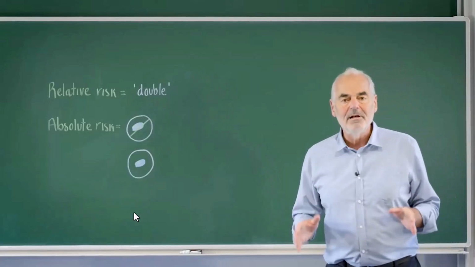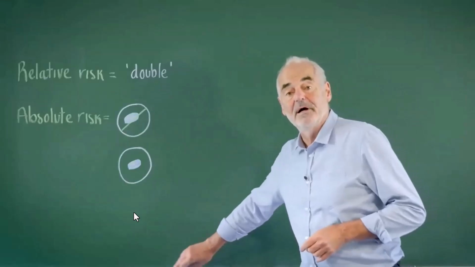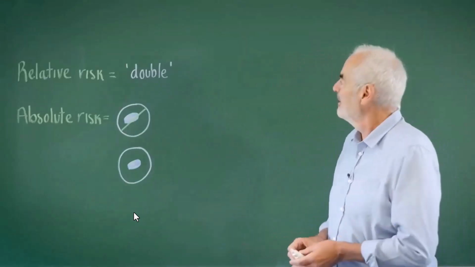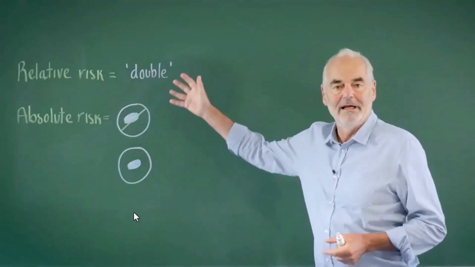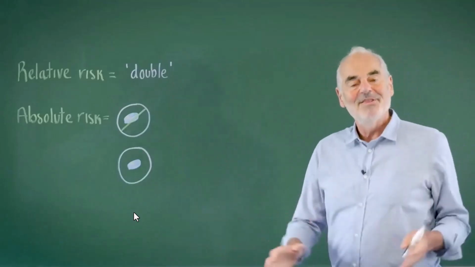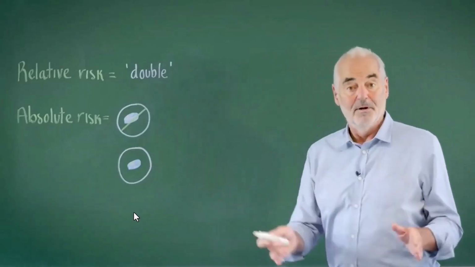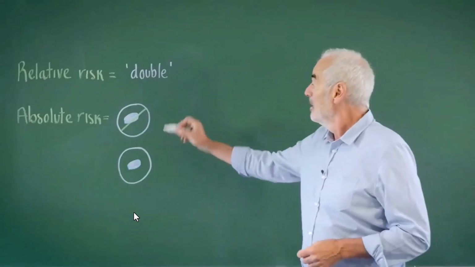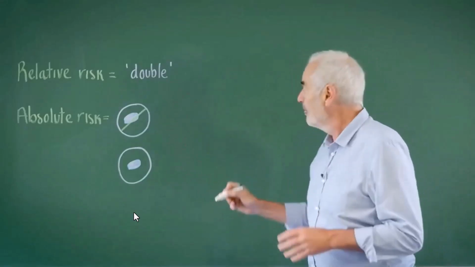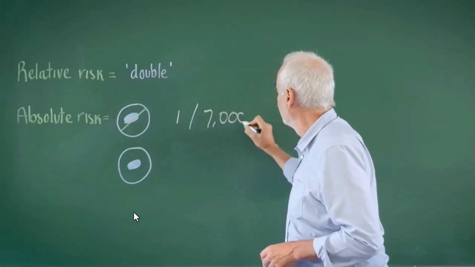The claim of a doubling of risk is known as a relative risk, and these are very often used by the media. But the problem is that it's impossible to interpret this doubling and know its importance without knowing what doubled what. And for that, we need to know the absolute risk of a venous thromboembolism in the group of people not taking a pill. And at the time, this was estimated to be about 1 in 7,000.